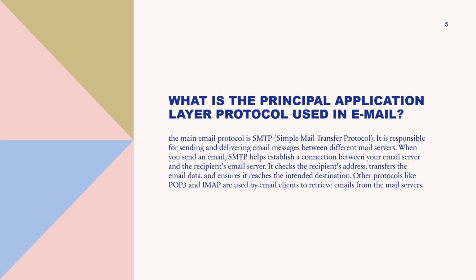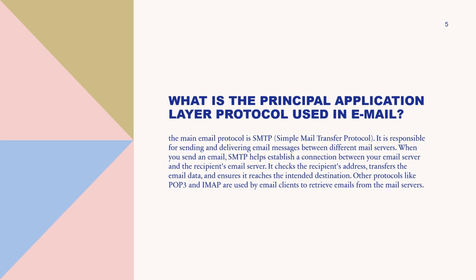Now moving to the next question: what is the principal application layer protocol used in emails? I have answered that the email protocol is SMTP, Simple Mail Transfer Protocol. It is responsible for sending and delivering email messages between different mail servers. When you send an email, SMTP helps establish a connection between your email server and the receiver's email server.